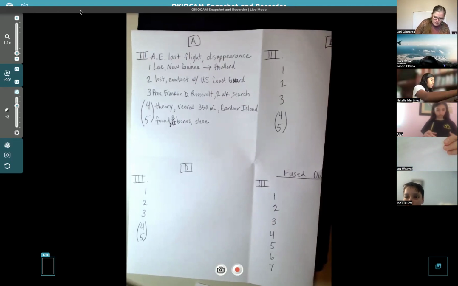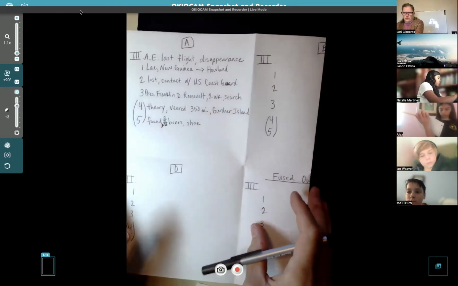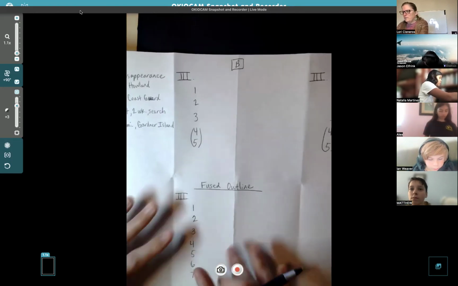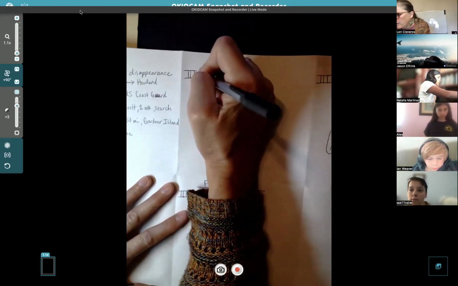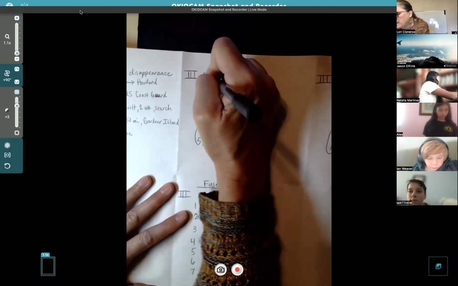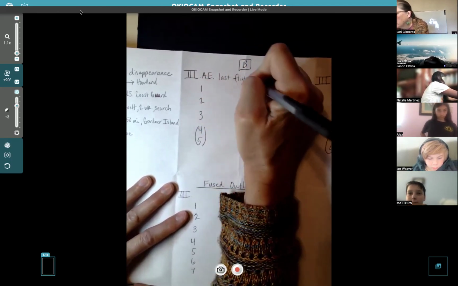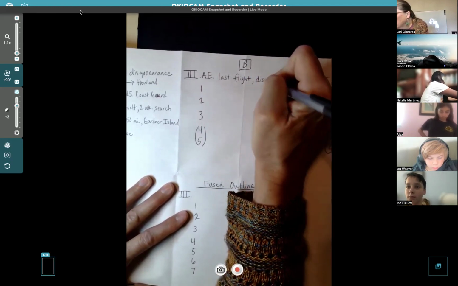So now that we have this information, the goal is to find different information. So as we're looking at source text B, next to Roman numeral 3, we're going to put that again, AE, last flight, disappearance.